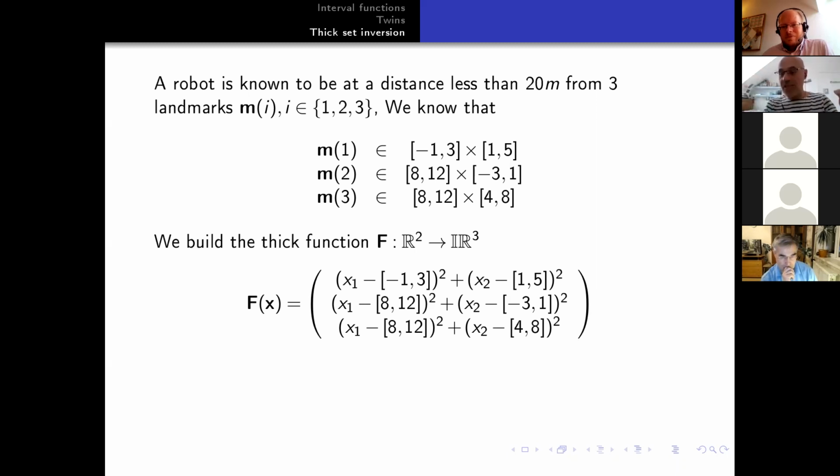The uncertain function will be an interval, so a thick function. If you accept this abstraction, then you will be able to obtain algorithms that are fast because they only bisect on the x1, x2 space. But the notion of penumbra appears. Okay, now it's clear. Many thanks. Okay, thank you.